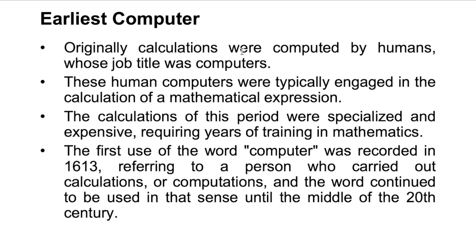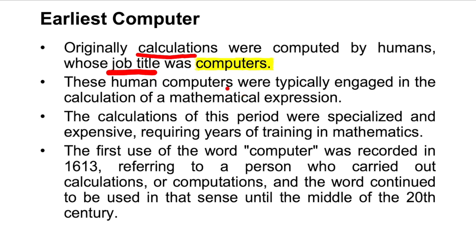The earliest computers were originally used for calculations. Originally, calculations were computed by humans whose job title was computer. So the word computer comes from a job title. Persons who performed calculations were usually called computers, so basically computers were humans.